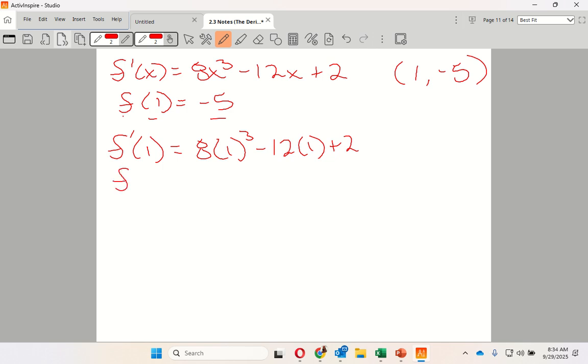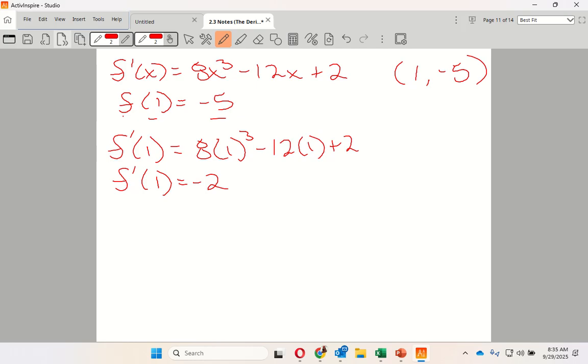So f prime of 1, that means the slope of the line when x is 1 is going to be negative 2. Yes? You guys okay so far?